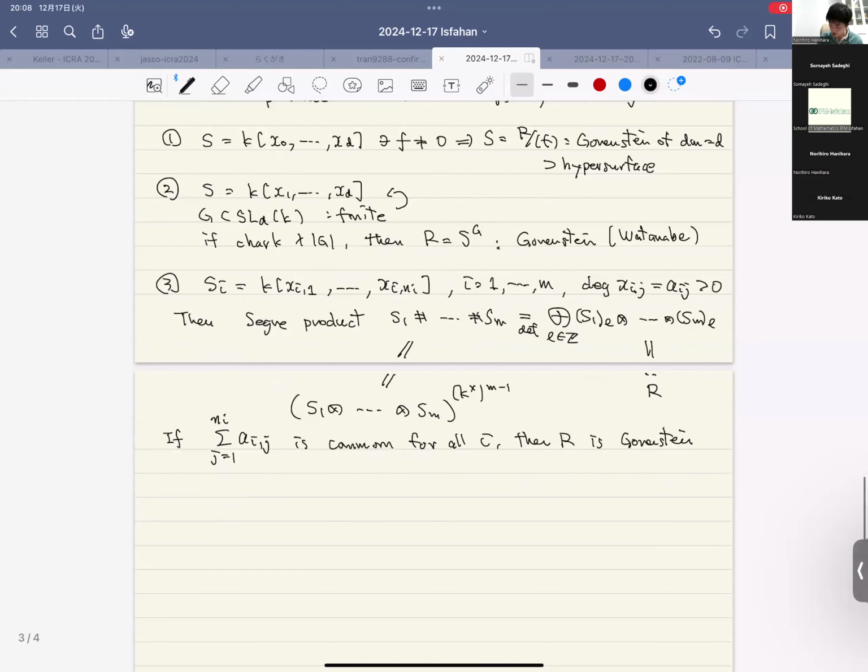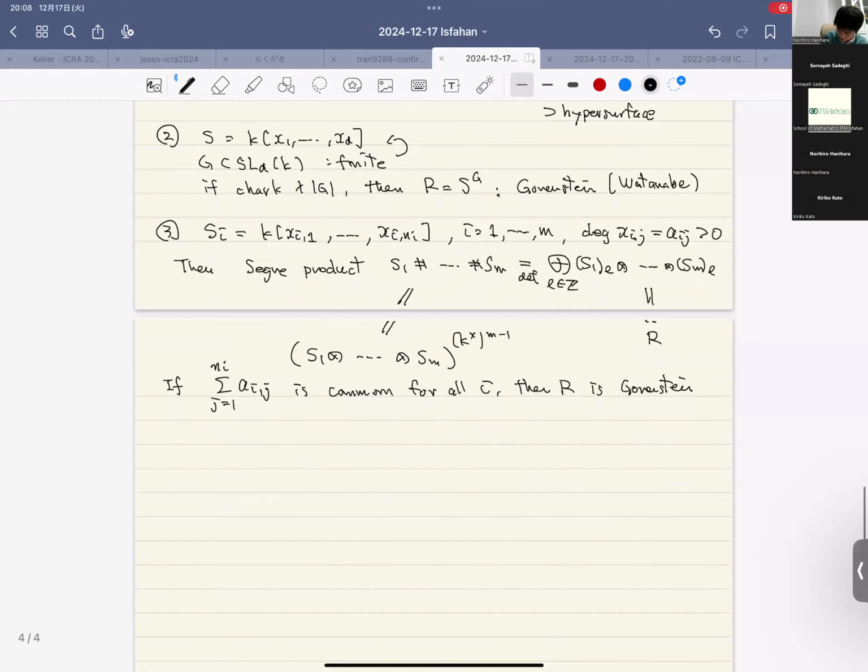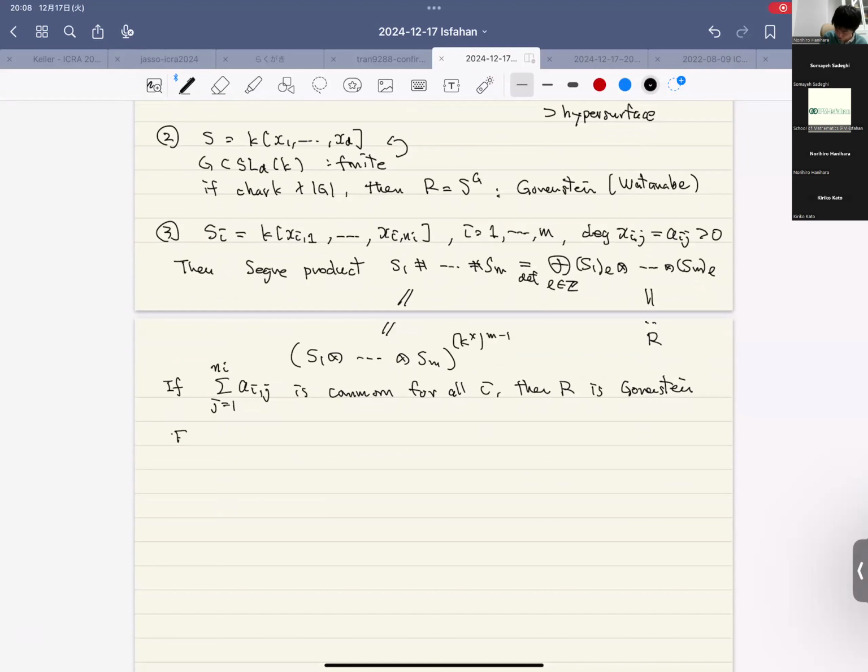So the easiest example would be two copies of a polynomial ring, and give everything degree 1. So the sum of weights is both 2, so the Segre product is Gorenstein, and in this case we can directly compute this ring.